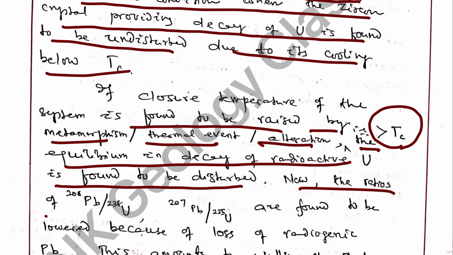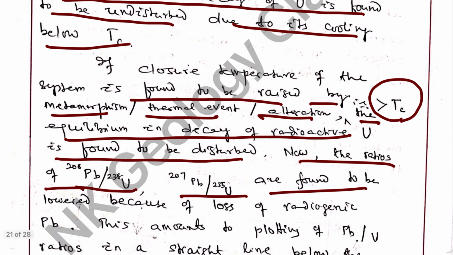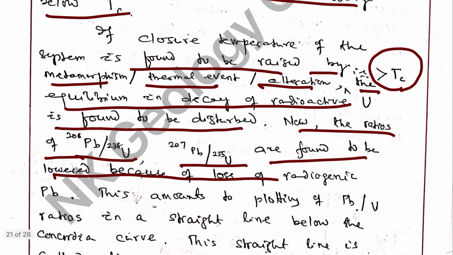Now the ratios of Pb206 to uranium 238 and Pb207 to uranium 235 are lowered because of loss of radiogenic Pb.